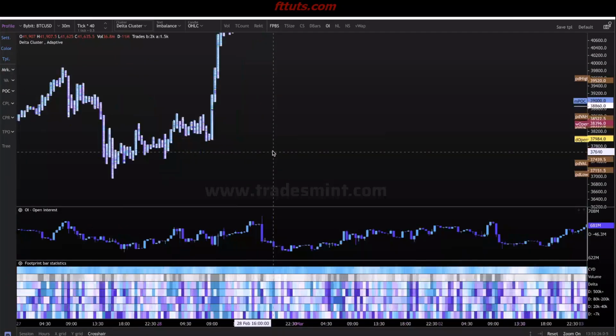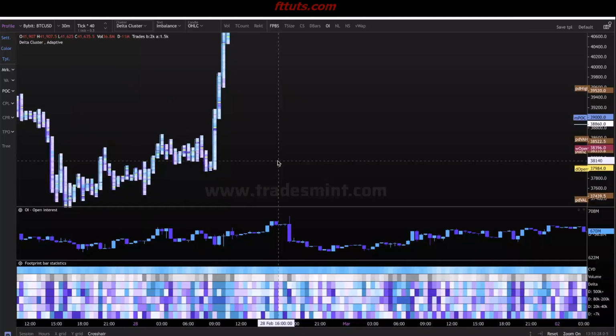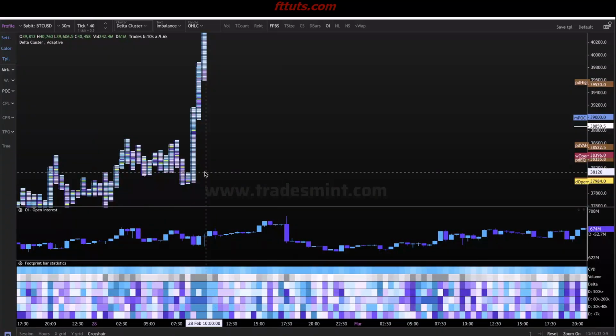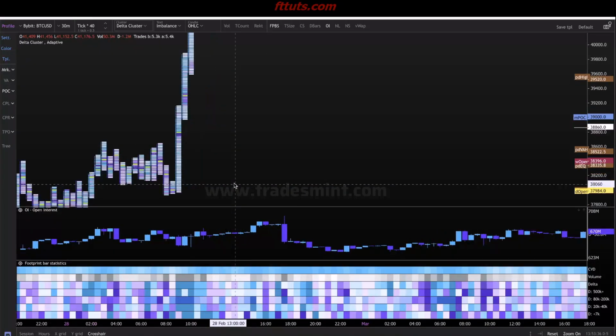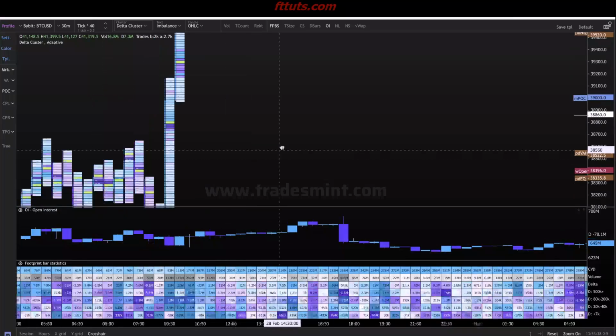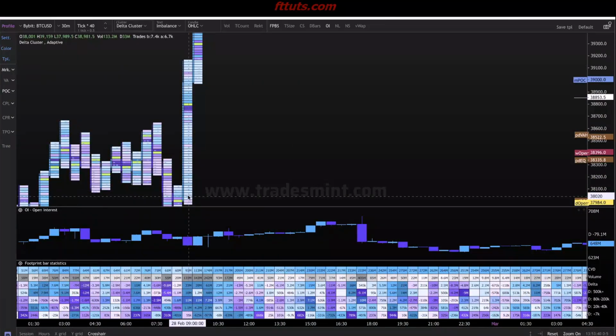on February 28th, we can see that as we begin this uptrend, over time, open interest is getting higher. Okay, we can also see that volume itself is increasing over time, right? We start off with very high volume, and then we have around 40, and then around 50.